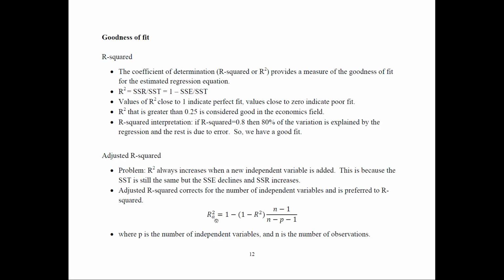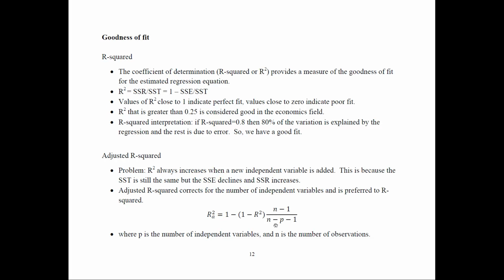So here the adjusted R squared would be equal to 1 minus R squared. This is the normal R squared that we have here before, which is the SSR divided by SST. And then we have n minus 1 divided by n minus p minus 1. P is the number of independent variables and n is the number of observations.